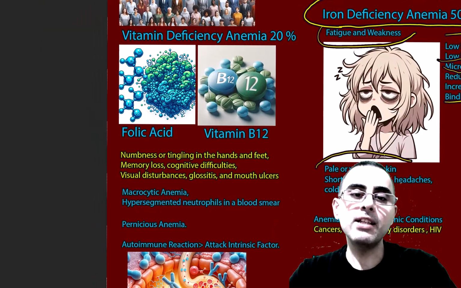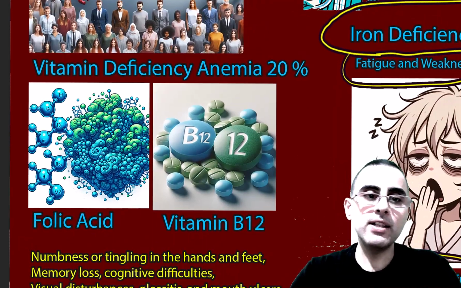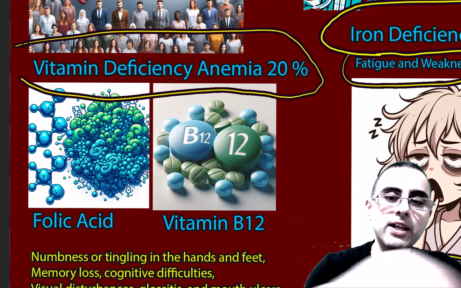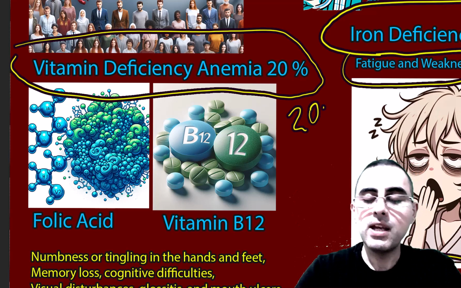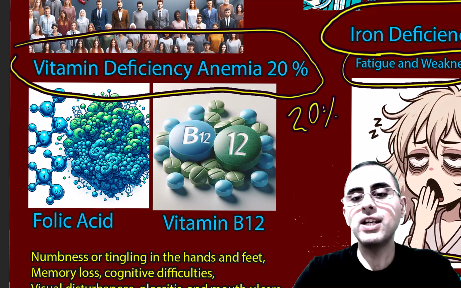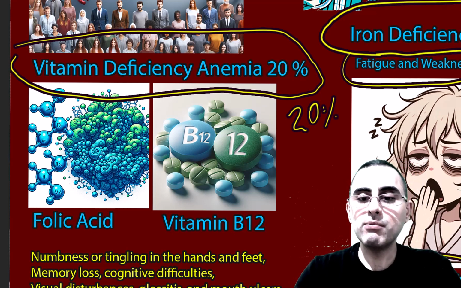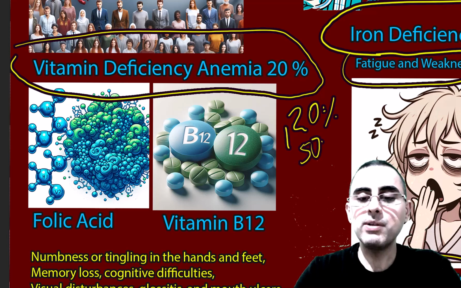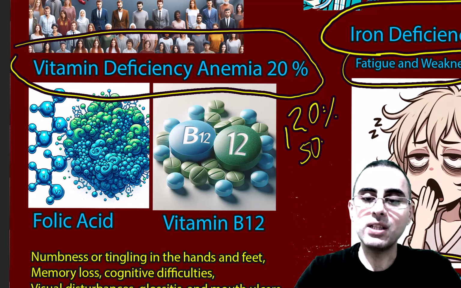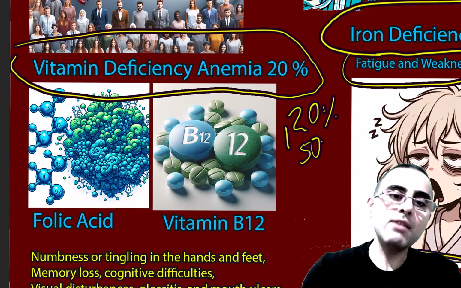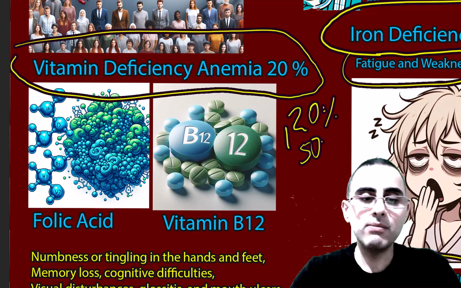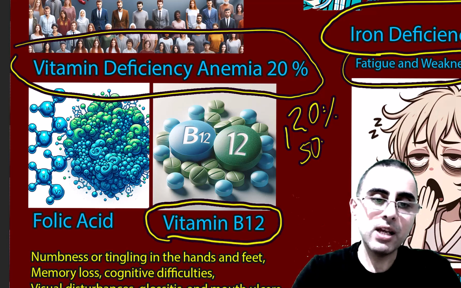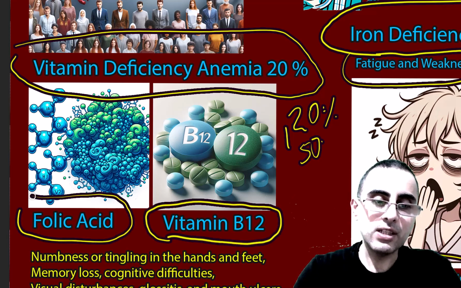The second most common cause of anemia is vitamin deficiency anemia. It's responsible for around 20% of cases. So if a person has anemia, there is a 50% probability it is iron deficiency anemia and a 20% probability it is vitamin deficiency anemia. When we say vitamin deficiency, we usually mean vitamin B12 deficiency and sometimes folic acid deficiency.